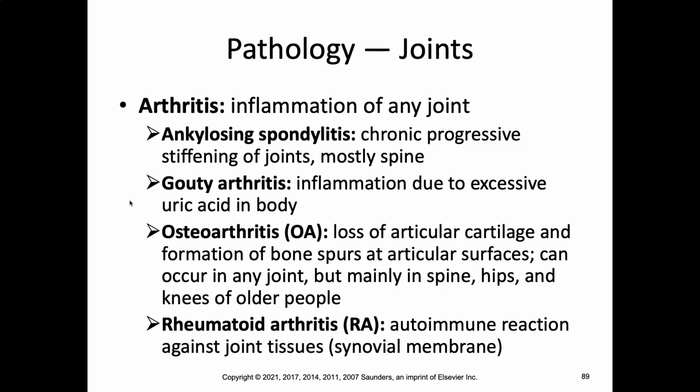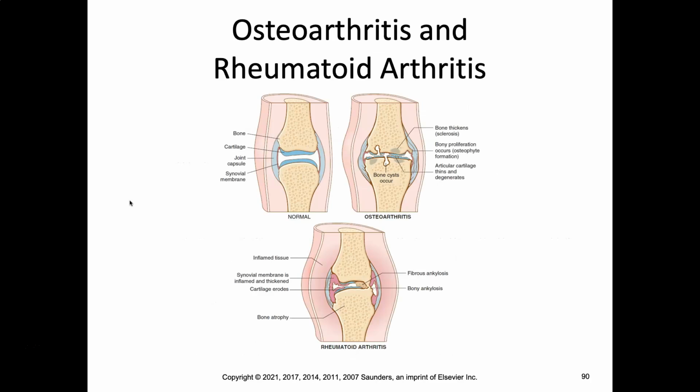If they love, say, Italian foods with heavy, rich cream sauces and things like that, those are the types of things that can raise your uric acid and end up setting it off. And then ankylosing spondylitis is a chronic progressive stiffening, and it usually focuses on the spine.